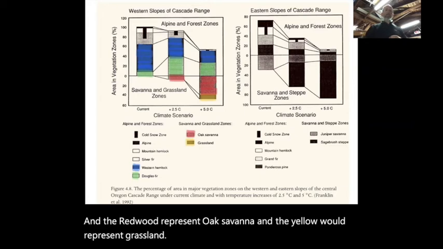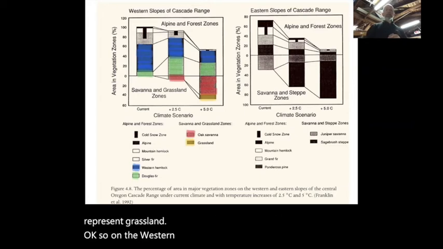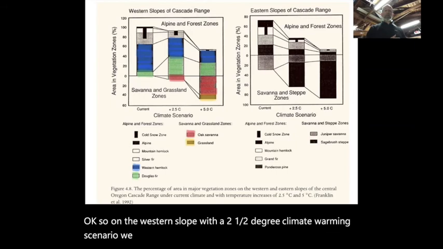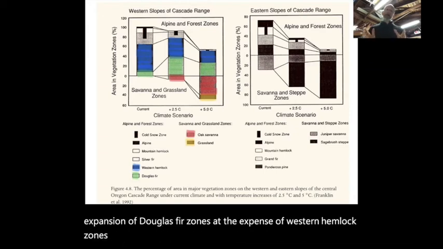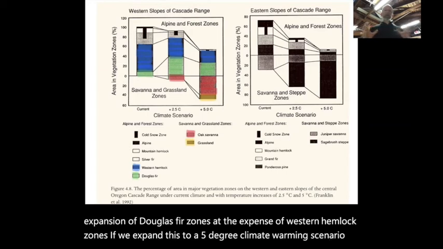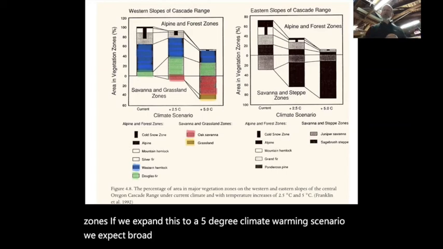Okay, so on the western slope, with a 2.5-degree climate warming scenario, we are expecting an expansion of oak savanna in western Cascade forests. We're actually expecting somewhat of an expansion of Douglas fir zones at the expense of western hemlock zones. If we expand this to a 5-degree climate warming scenario, we expect a huge expansion of oak savanna types at lowland elevations.